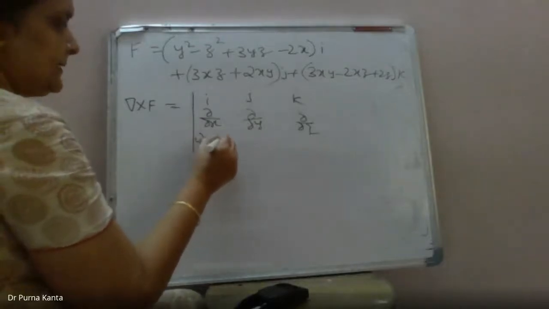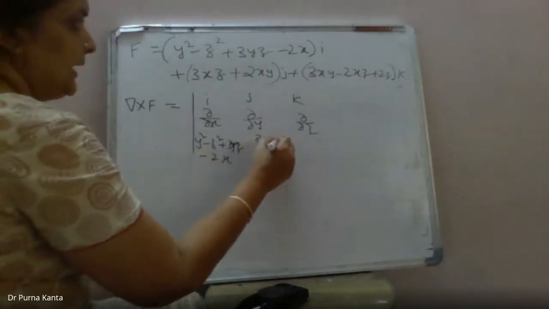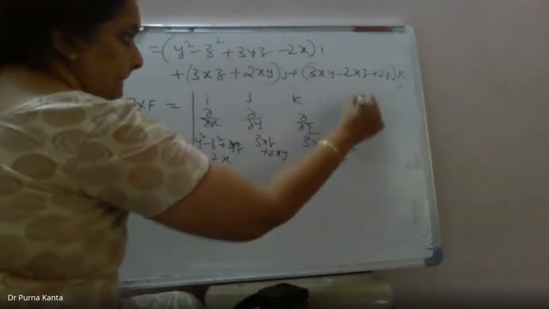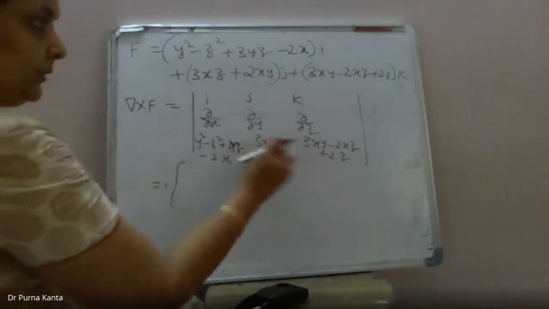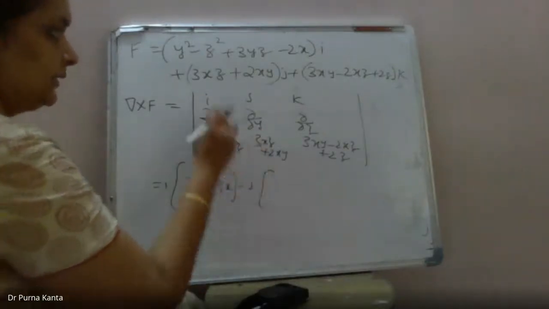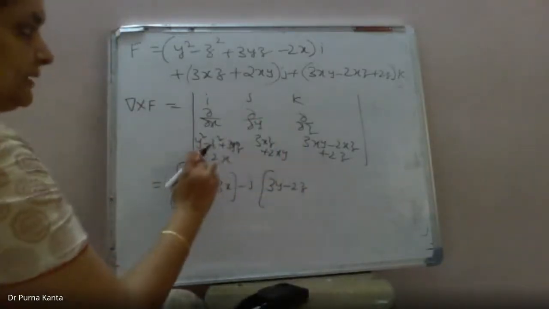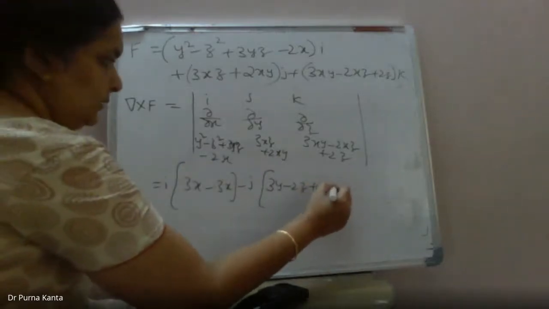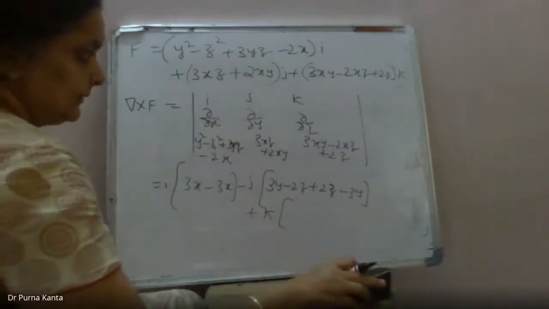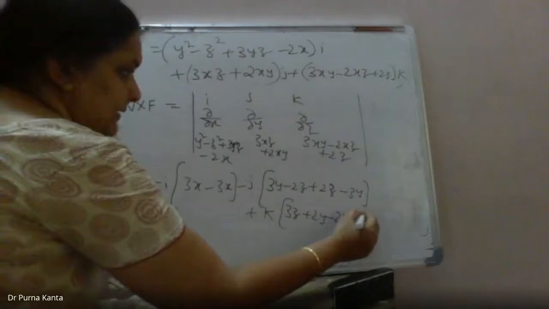This is y square minus z square plus 3yz minus 2x, 3xz plus 2xy, 3xy minus 2xz plus 2z. i times dou by dou y is 3x minus dou by dou z is minus 3x, minus j times dou by dou x 3y minus 2z minus dou by dou z, minus of minus plus 2z minus 3y, plus k times dou by dou x 3z plus 2y, dou by dou y minus 2y minus 3z.